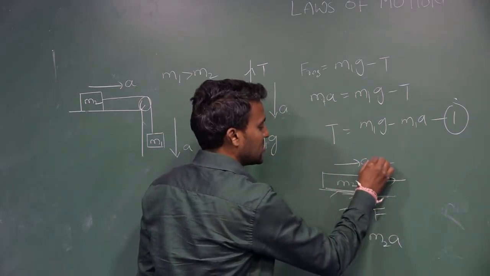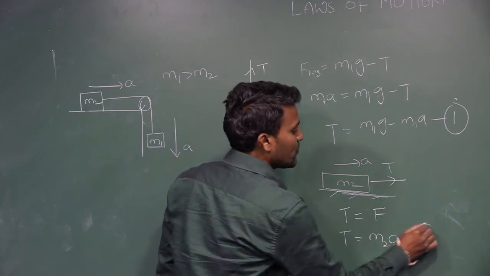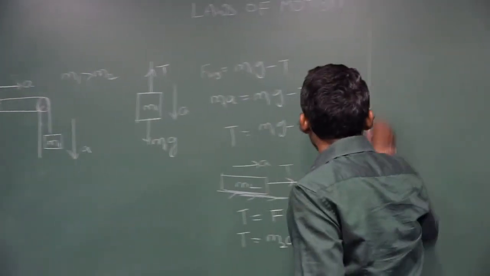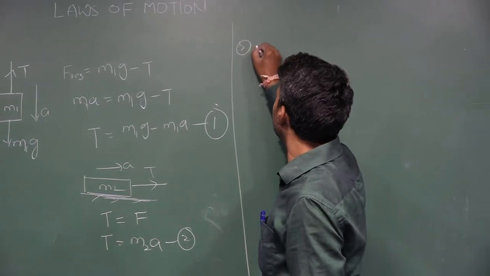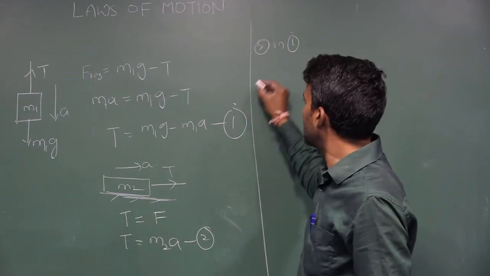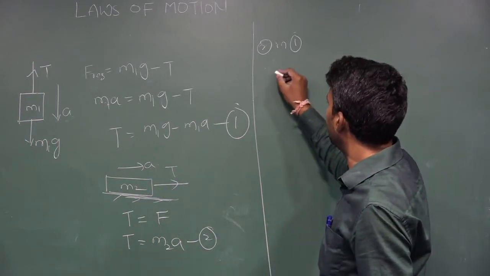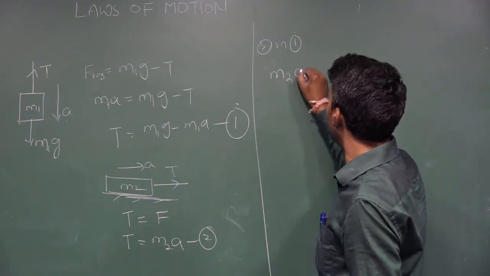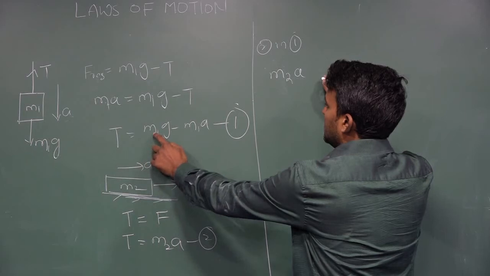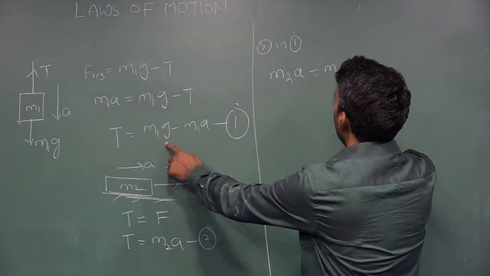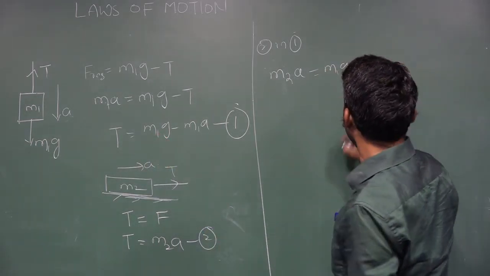Now substitute equation 2 in equation 1. If you substitute T equal to m2a, then m2a equals m1g minus m1a.